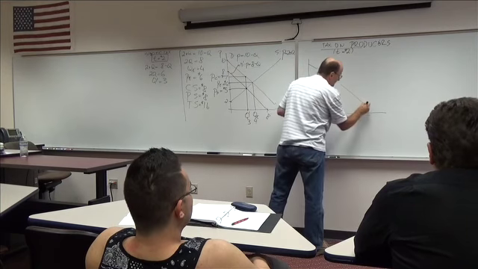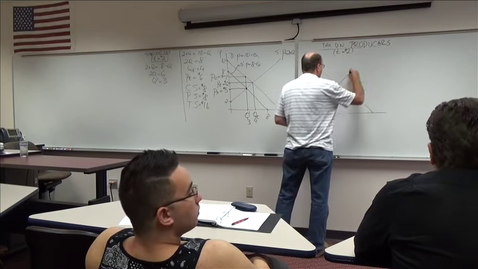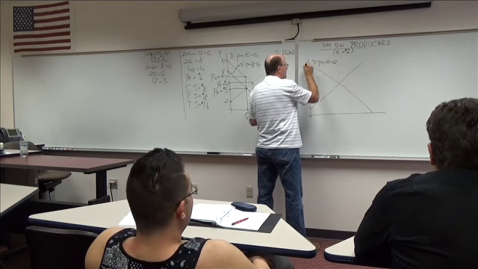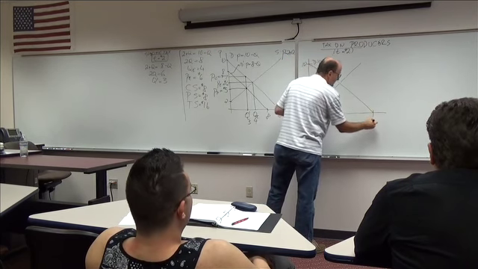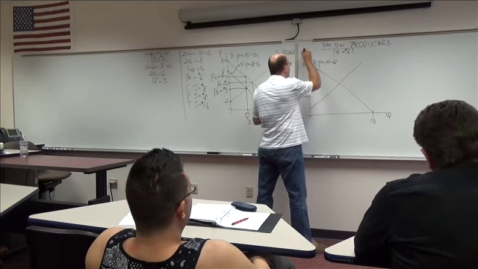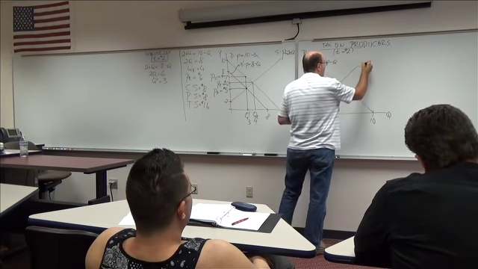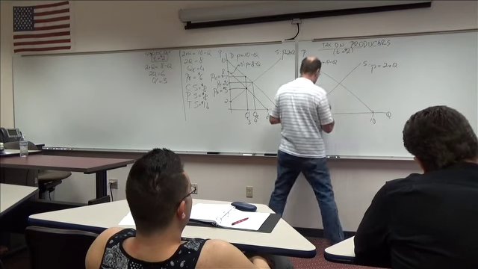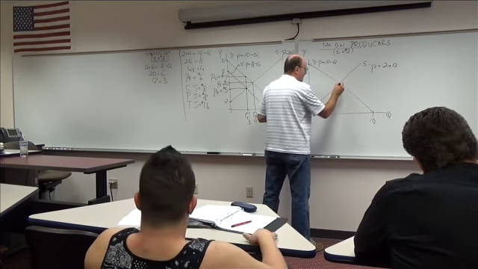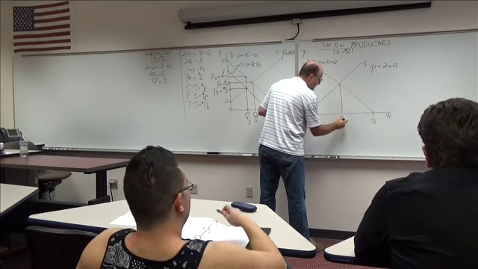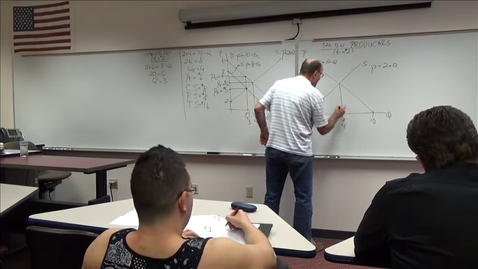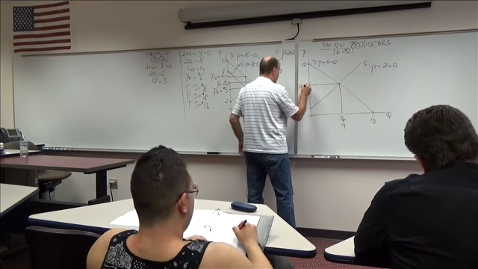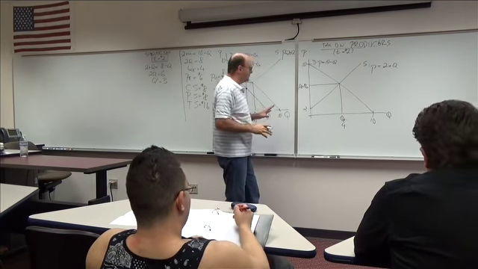So once again, we have our market with demand P equals 10 minus Q, and the supply P equals 2 plus Q. We have equilibrium quantity of 4, equilibrium price of 6, just like before.